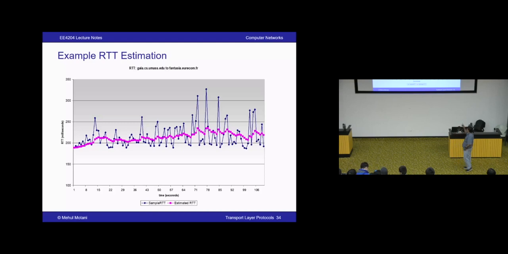The blue is the sample RTT, and the red, or maroon, or pink, I don't know what color that is, is the running average. So you can see that the running average kind of tracks, but it doesn't fluctuate a lot. Actual network dynamics can fluctuate.